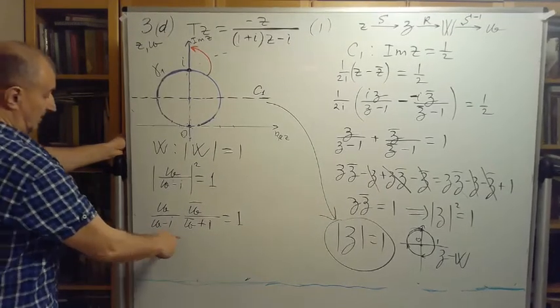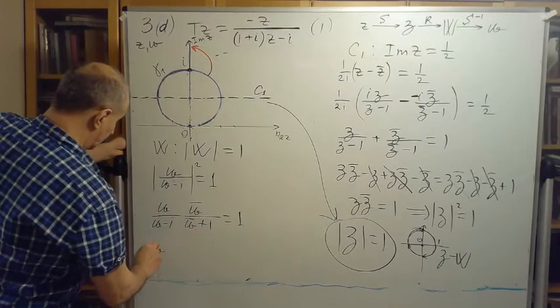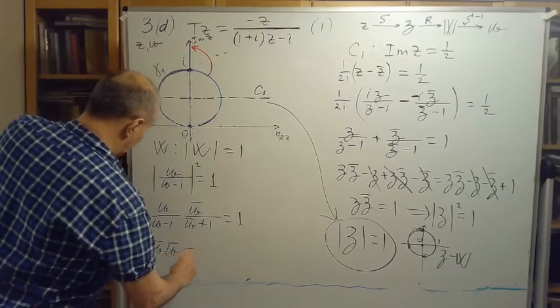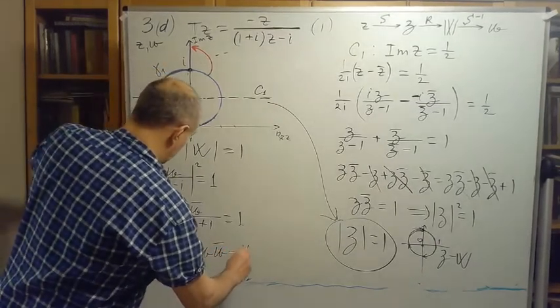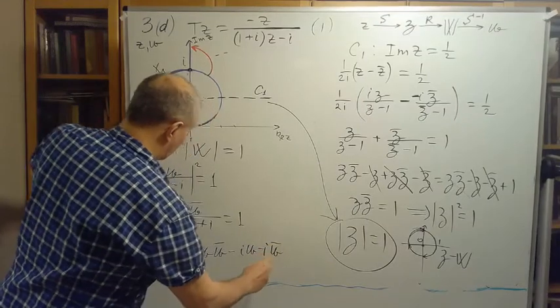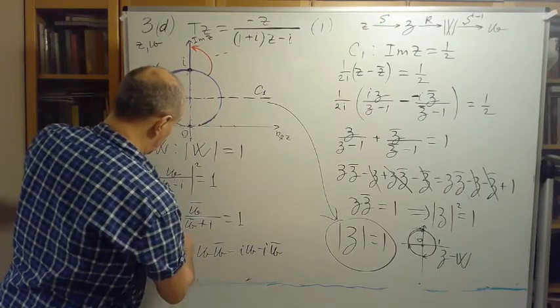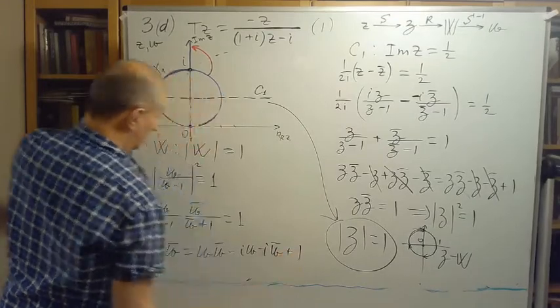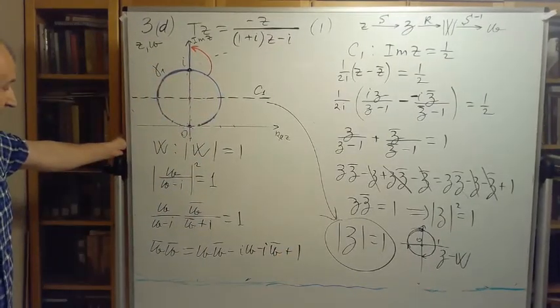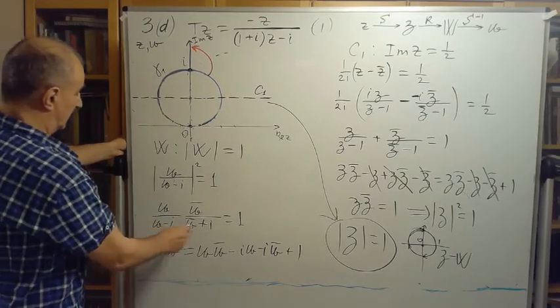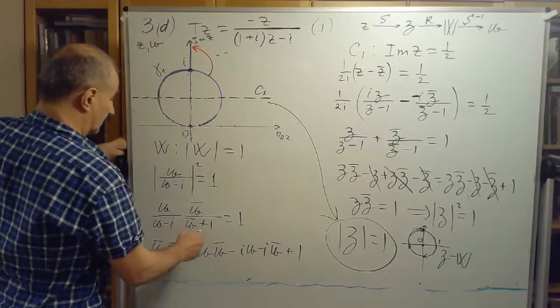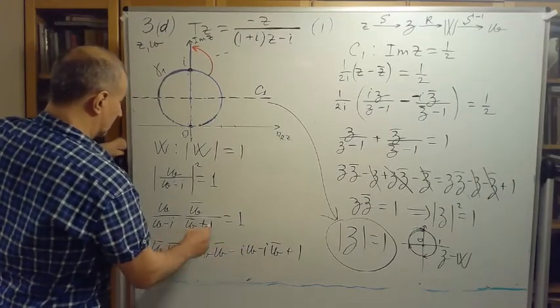Multiply by the terms in the denominator, so we'll have w w conjugate equals w w conjugate minus iw minus iw conjugate and plus 1. So somewhere a mistake. Yeah. It will be w w conjugate minus iw conjugate and plus iw.